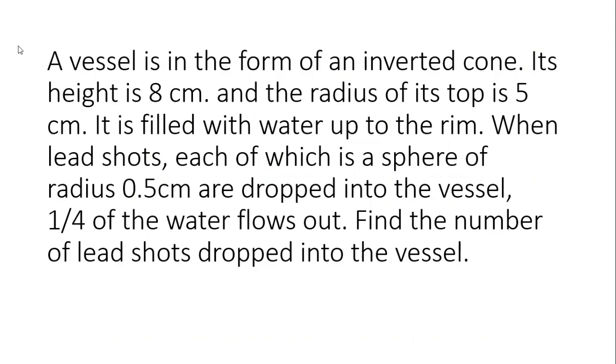So when some lead shots are dropped into that particular conical vessel, 1/4 of the water flows out of that vessel. Then we need to find out the number of lead shots that are dropped into the vessel.